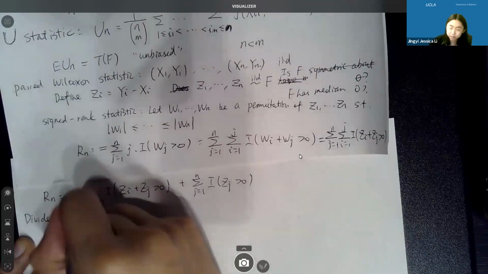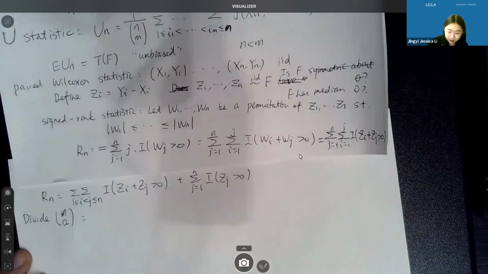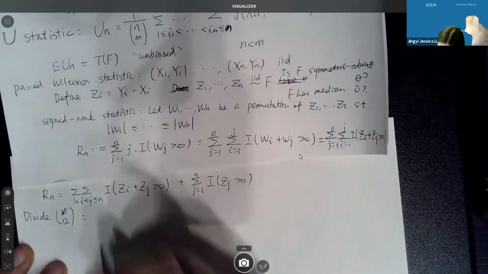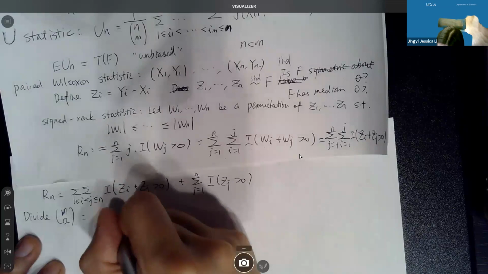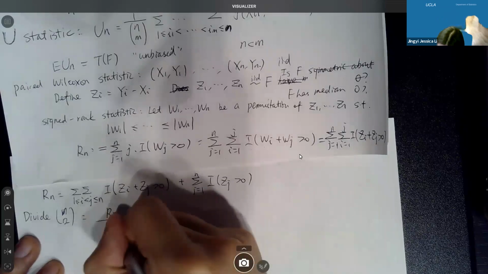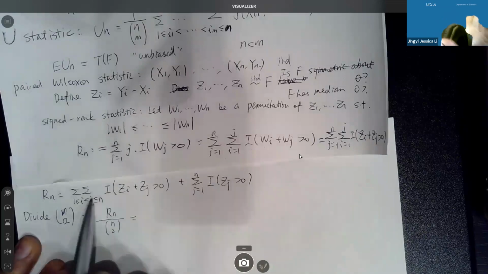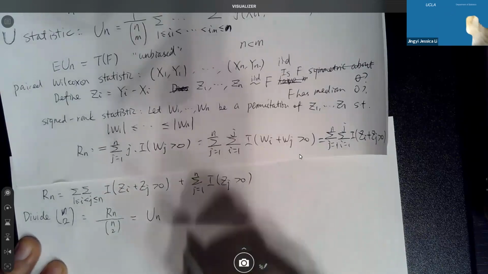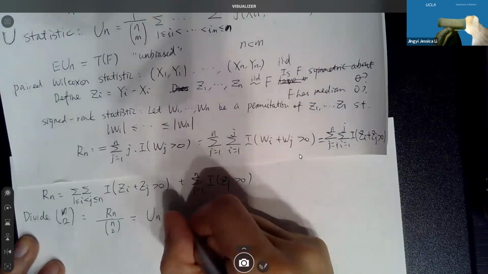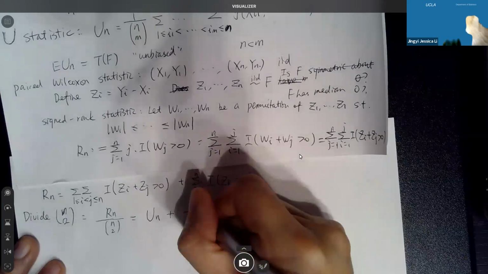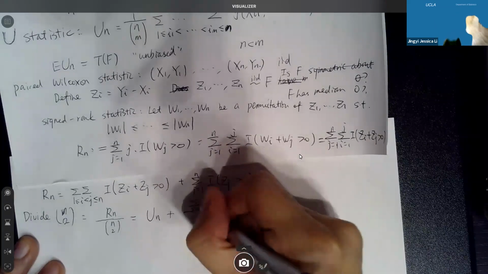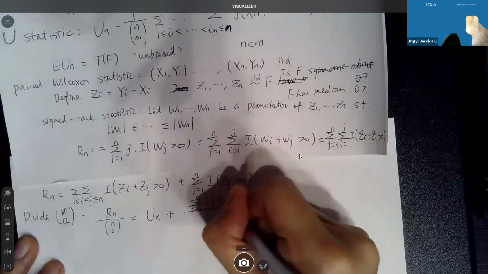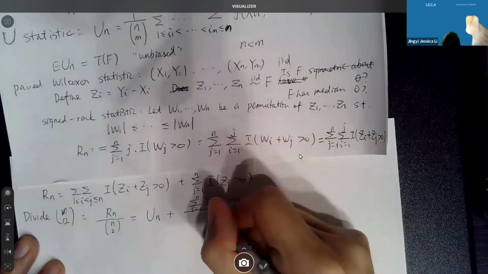Then what would I have? I would have Rn divided by n choose 2 equals the U statistic, Un, plus the summation over j from 1 to n of the indicator Zj greater than 0, divided by n choose 2.